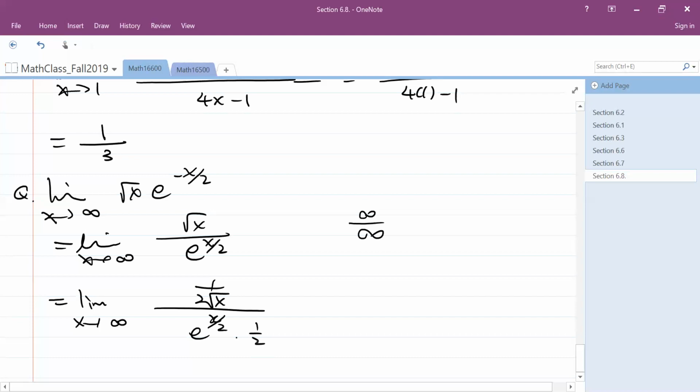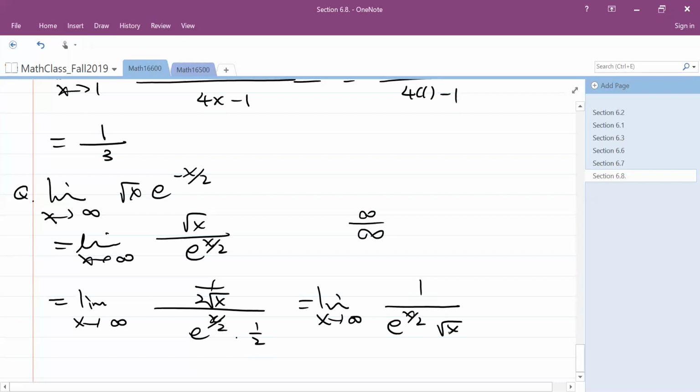So we have to simplify carefully before we continue. So e to the x over 2 times 2 times square root of x times 1/2. The 2s cancel out.